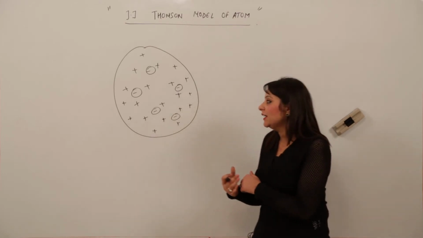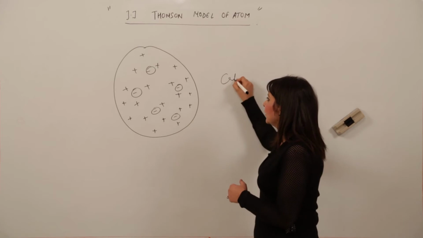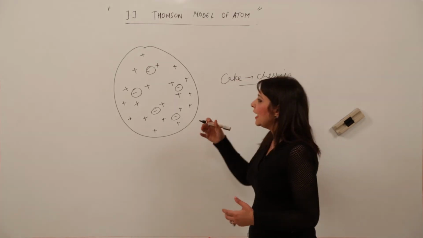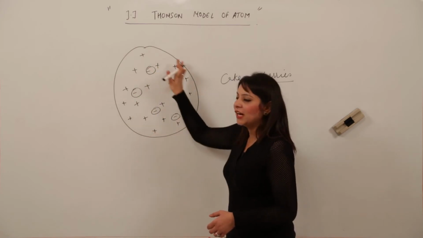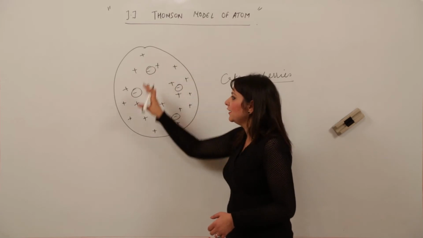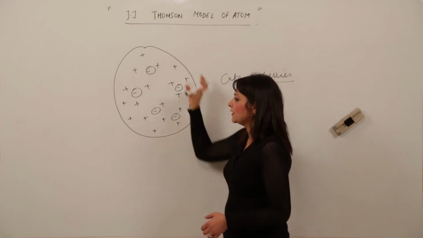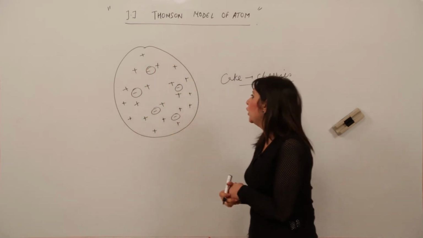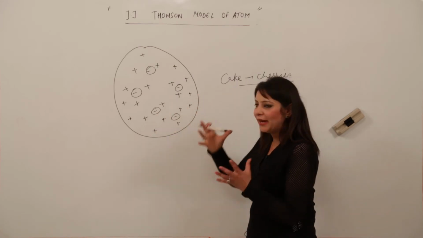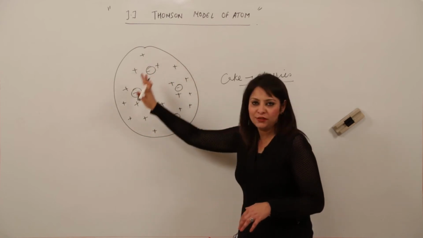He said as the cake has cherries in it, so likewise the positively charged atom has a few electrons acting as cherries in the atom. So he compared the electrons with the cherries and the cake base with the atom, this positively charged sphere.